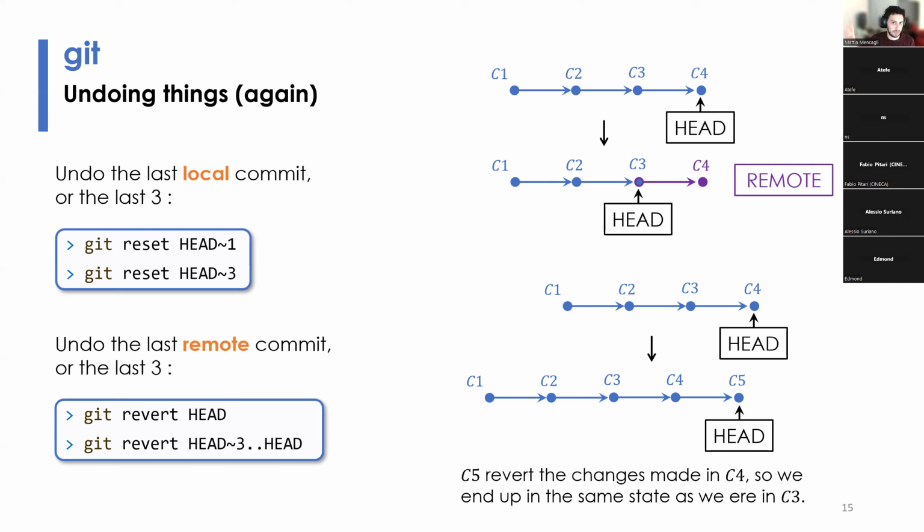In this way, you do not lose the history of your commits. You do not lose your snapshots of C4, as instead you lose it in this fashion. Of course, if you have pushed it, you have still it online on the remote repository, but still revert is more safe, of course.